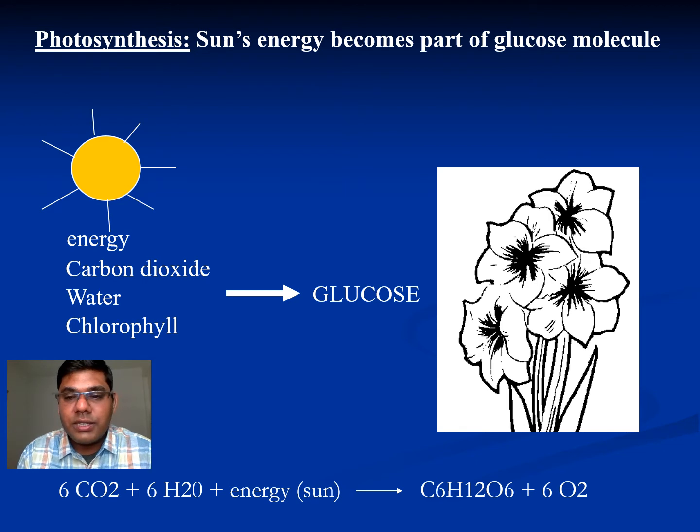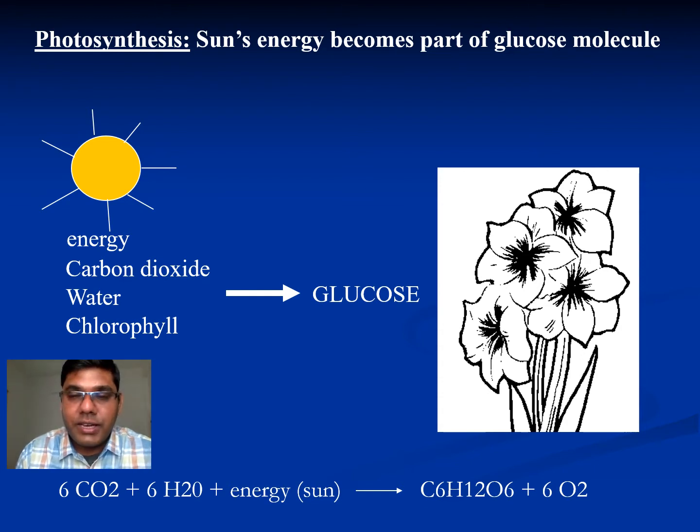So how do these carbohydrates come, and what are the sources from where we get them? The major source of carbohydrate is plants. So plants by photosynthesis assimilate the sun's energy to make one molecule of glucose.